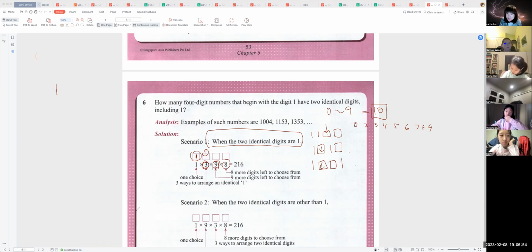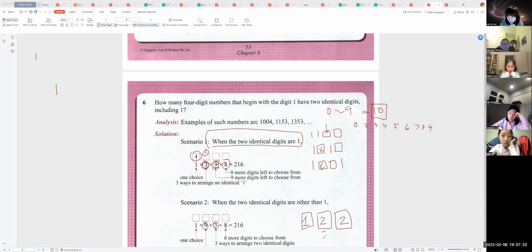So what is the second scenario? It's when the two identical digits are not 1. So the first one, we must still have 1. So the second number has 9 different options. Correct? Because it's 0, 2, 3, 4, 5, 6, 7, 8, 9, all the way. So there are altogether 9 options. But why this 3? Because if this one is 2, I have to use 2.